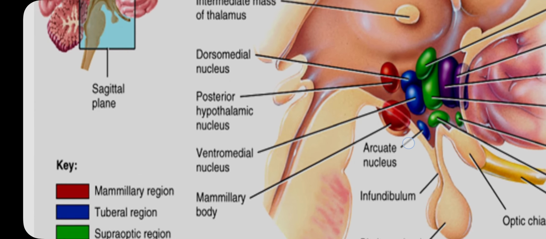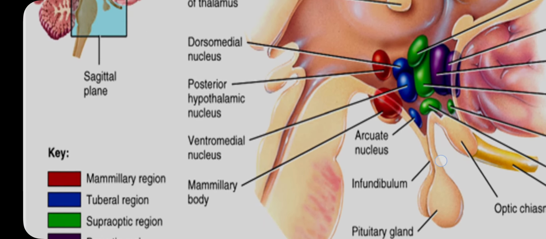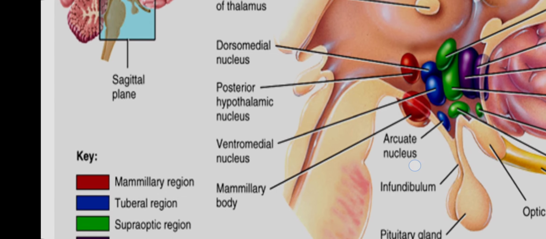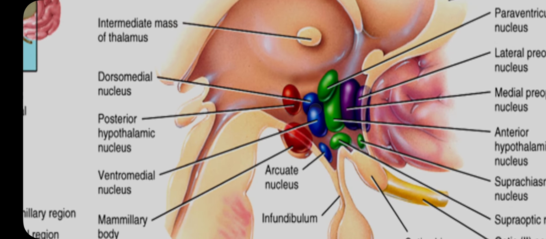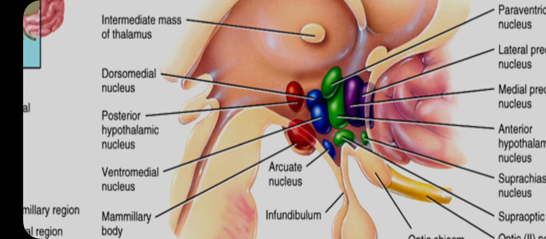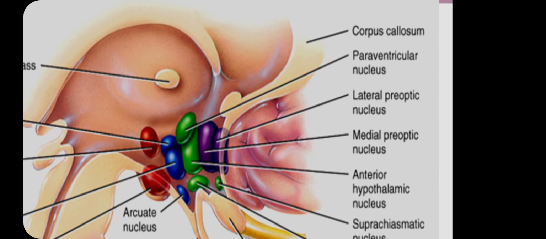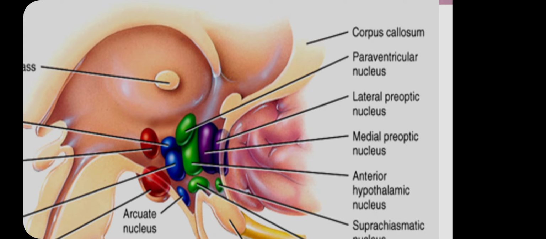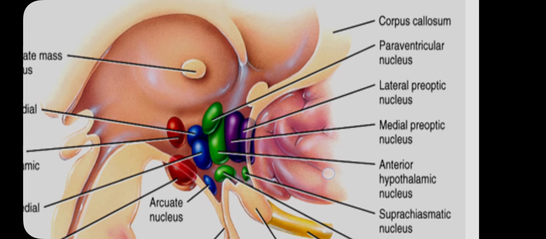Next is the tuberal region or the tuberal area, again divided into different nuclei, and the next is the mammillary region. The regions marked with the red color are nothing but the mammillary region. So in this way, the hypothalamus is divided into different regions or areas, which are again divided into the nuclei.